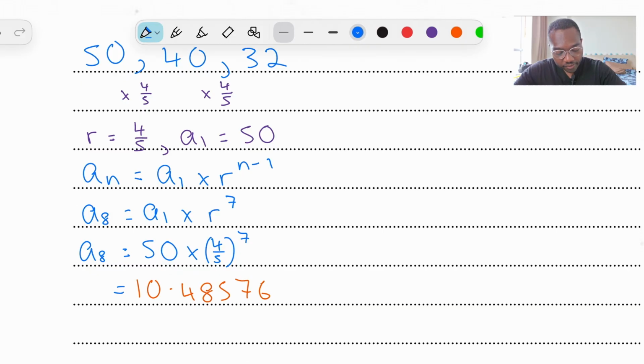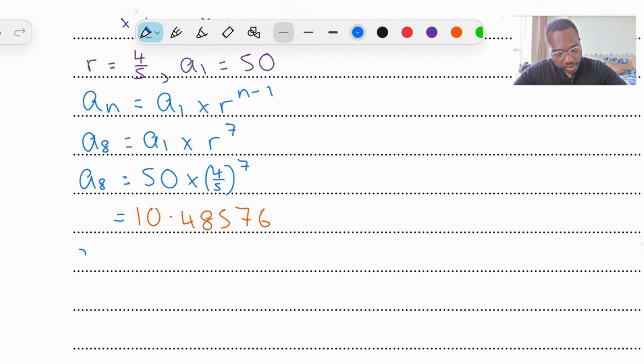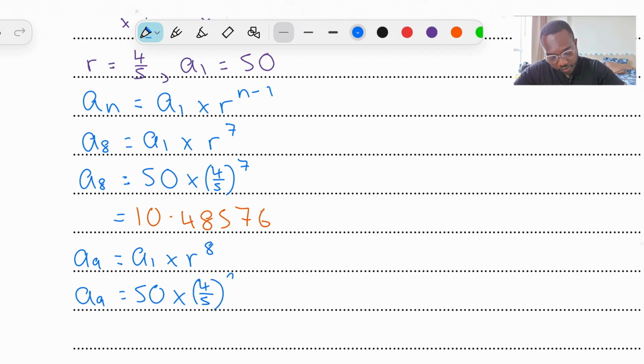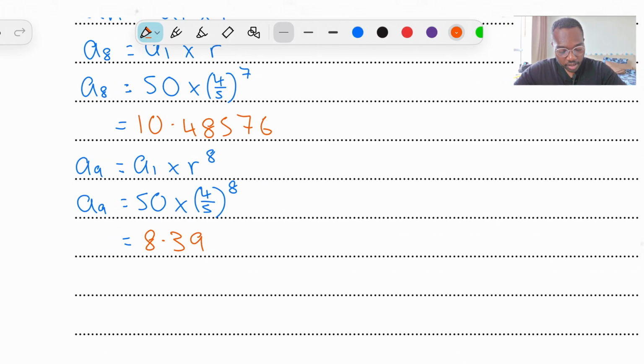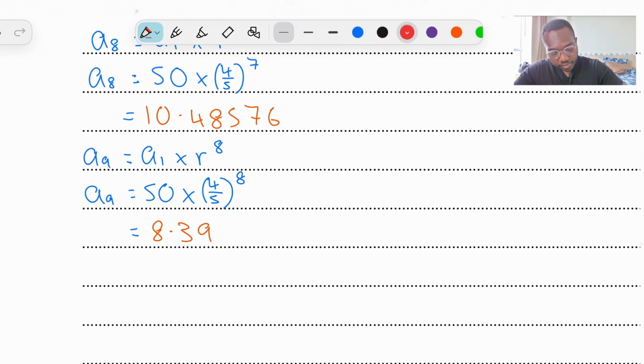Let's look at our ninth term. A9 is equal to A1 times r to the 8, so A9 is 50 times 4 over 5 to the power of 8. If you work that value out in your calculator, you get 8.39, which is perfect. 8.39 is less than 10, and we worked out that A8 was still above 10.